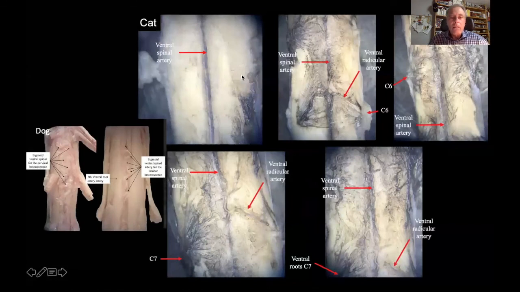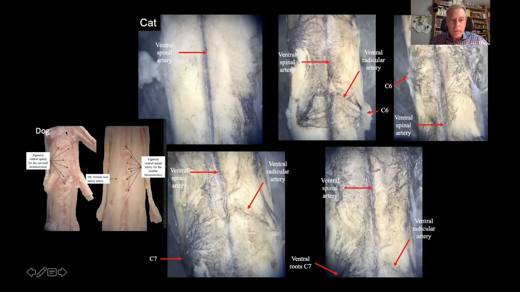And now I want to show you something very interesting. Comparing the dog with the cat, what I have shown you before is that the ventral spinal artery at the lumbar intumescence, and here in particular at the cervical level, has a sigmoid shape. However, in the cat, it does not. It is quite straight.